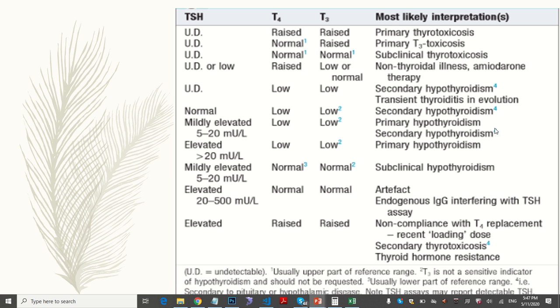In primary hypothyroidism, there are low levels, and the TSH could be either mildly elevated or elevated. In subclinical hypothyroidism, T3, T4 are normal and TSH could be mildly elevated.